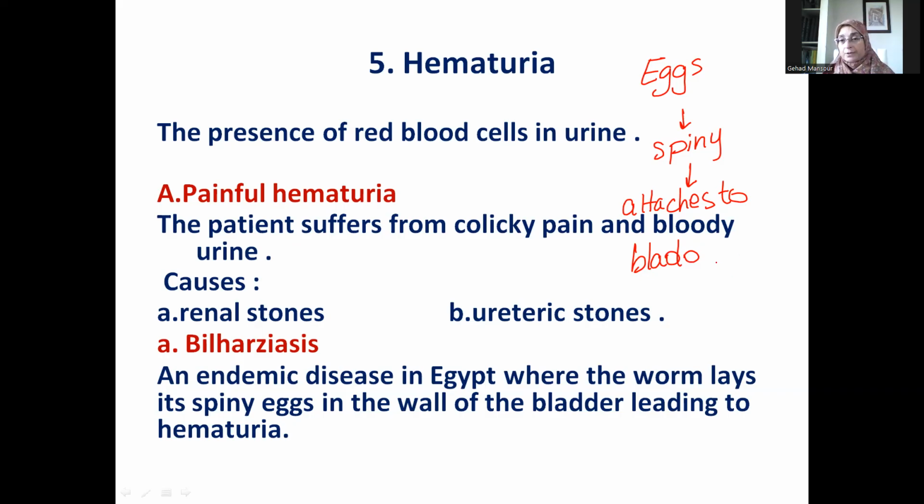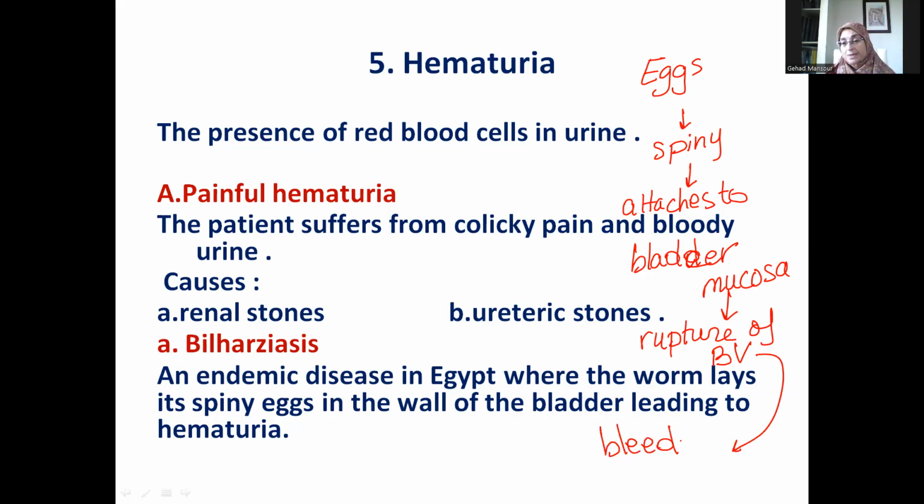When the spine attaches to the bladder mucosa, there is rupture of some blood vessels in the bladder, and this leads to bleeding.